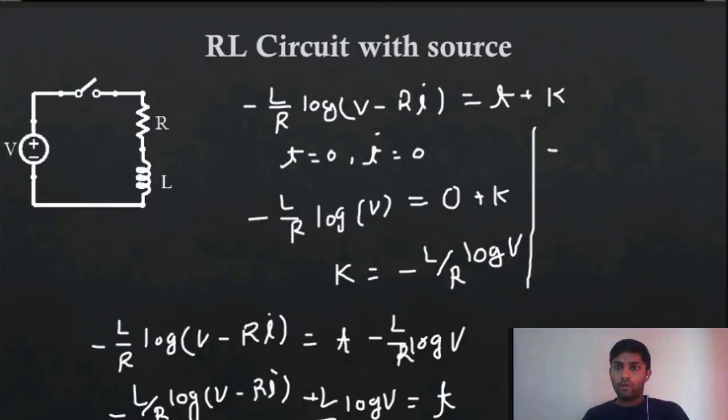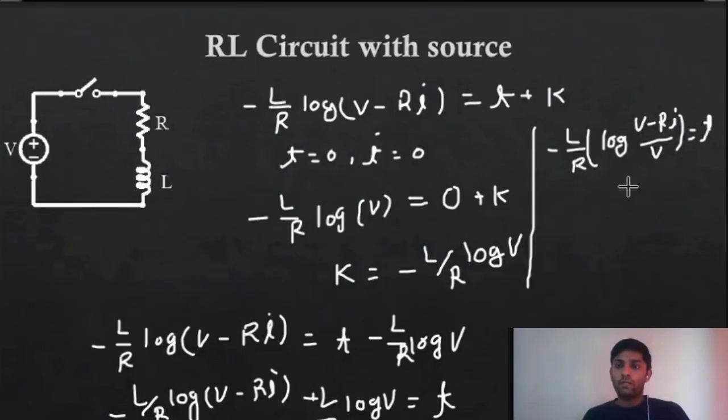You will get log of (V minus Ri) divided by V is equal to T.